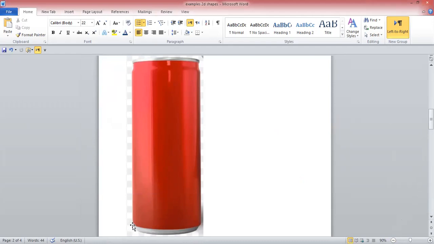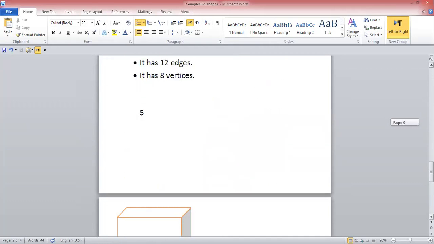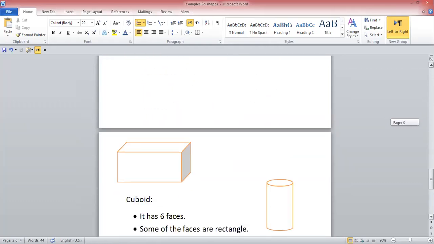And this is the edge joining the curved face with the flat face. So these are two circular edges. Is that clear? Yes or no? Yes.